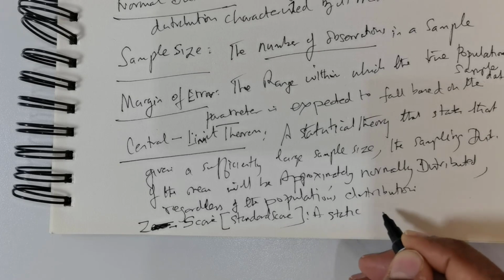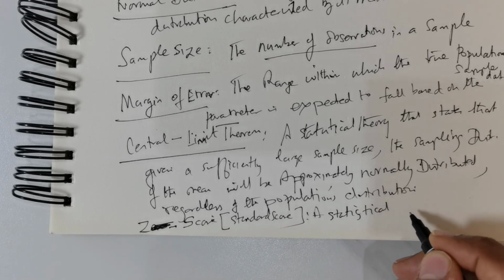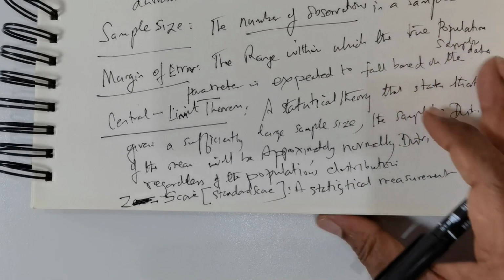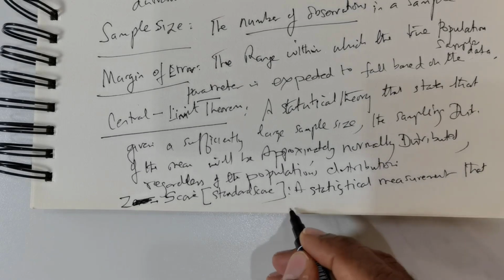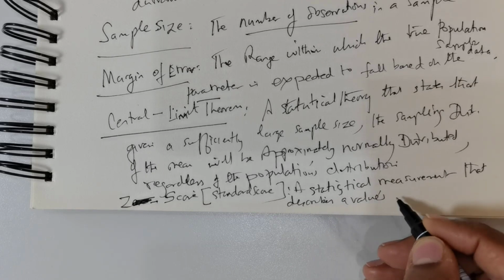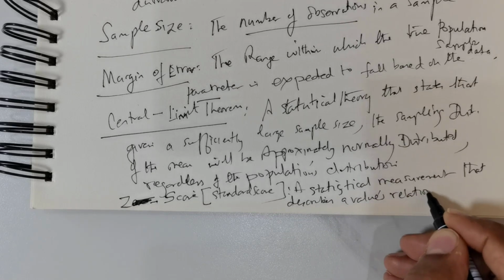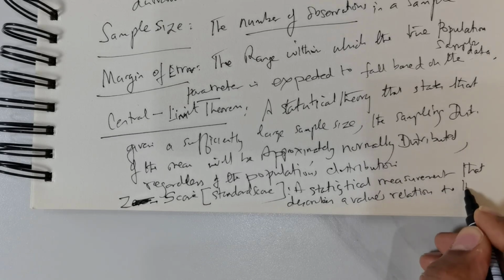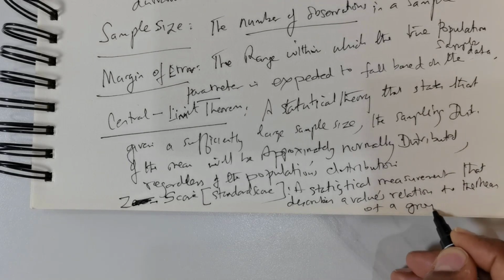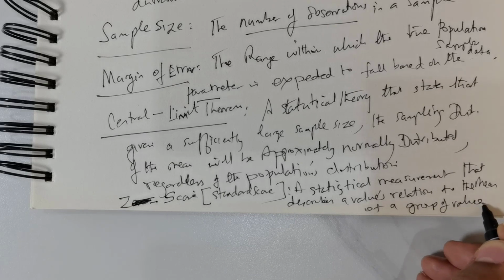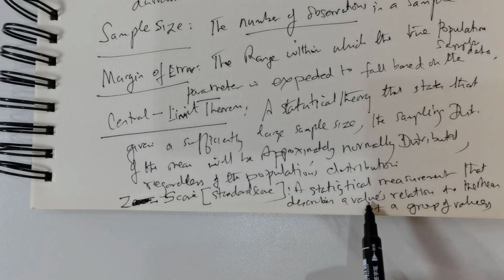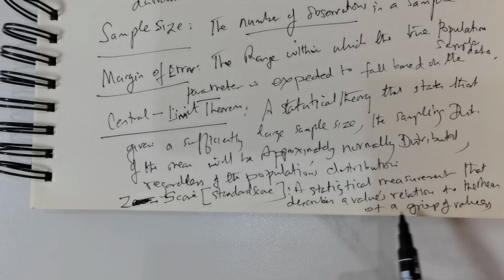A statistical measurement, so very important, z-scores, that describes a value's relation to the mean of a group of values. So it is a statistical measurement that describes a value's relationship to the mean of the group of values.